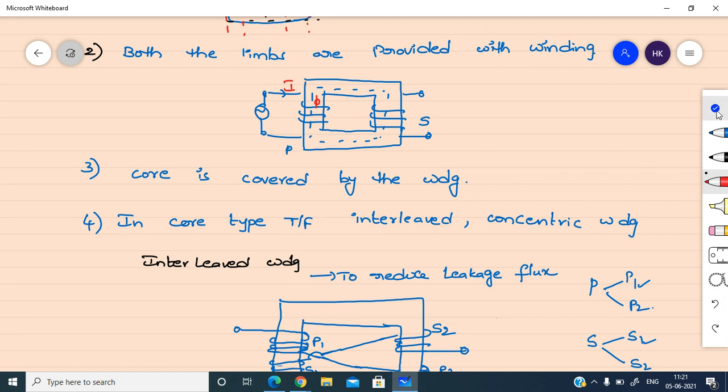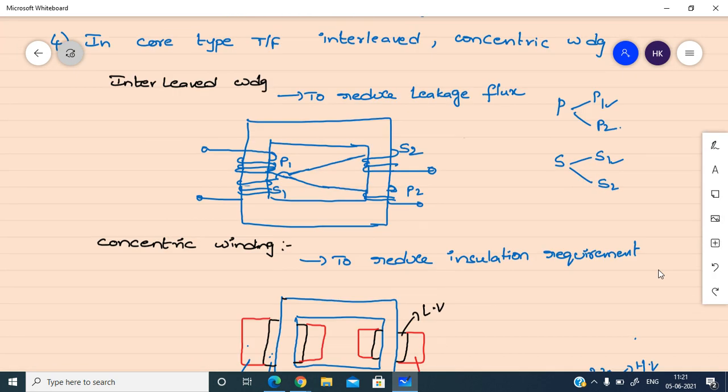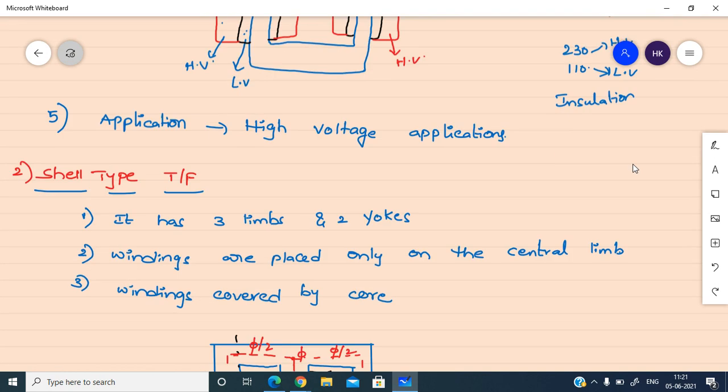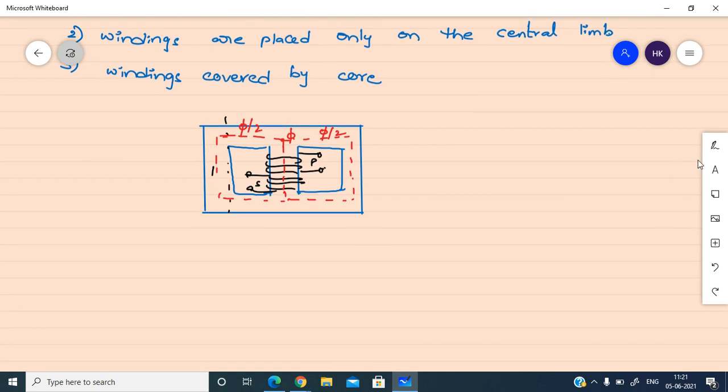But in case of shell type transformer, the flux has two paths to flow in the core. At this point, it is dividing and it has two paths. One half of the flux will flow through this and one half will flow in this direction. So the flux flowing in the shell type transformer has two paths, but in case of core type transformer it has only one path.